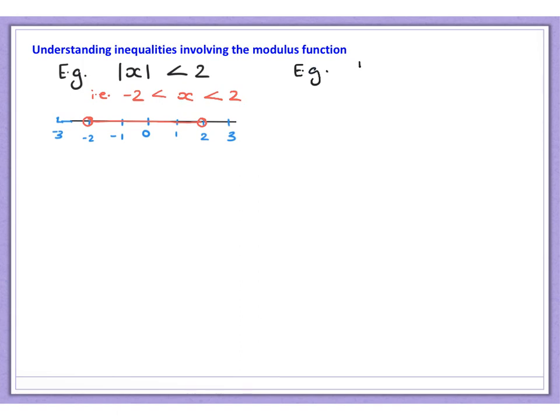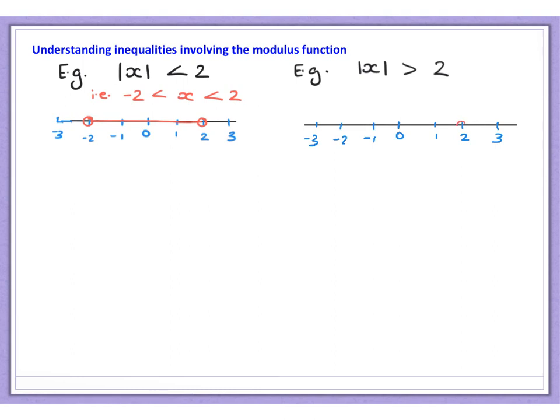What happens if the inequality is a bit different? For example, mod x is greater than 2. What does that mean? Well, let's have a look at our number line again. Let's label it like last time. This time, we're looking for numbers which have a magnitude, a size, an absolute value which is larger than 2, irrespective of whether the number itself is negative or positive.